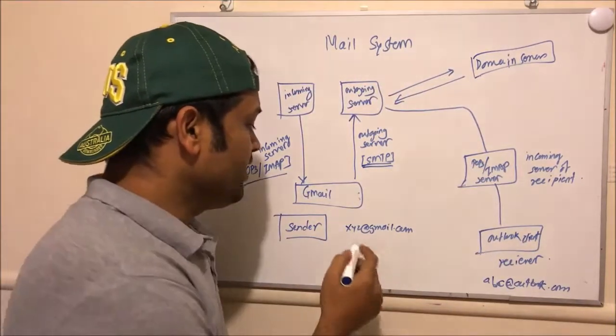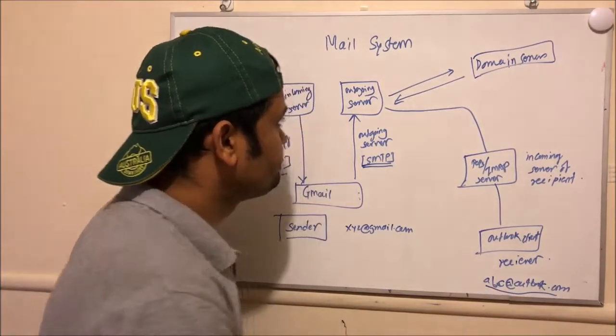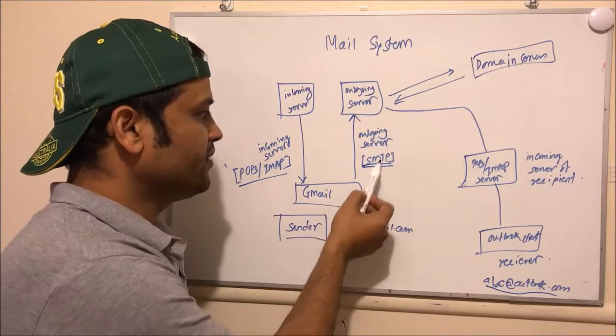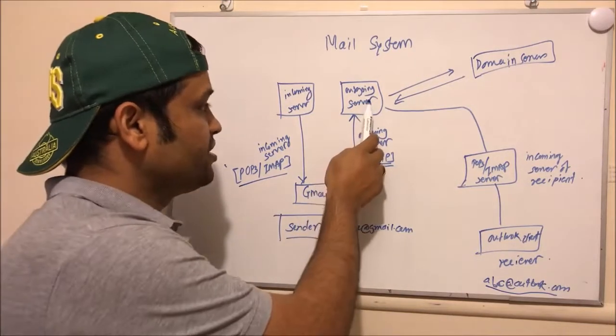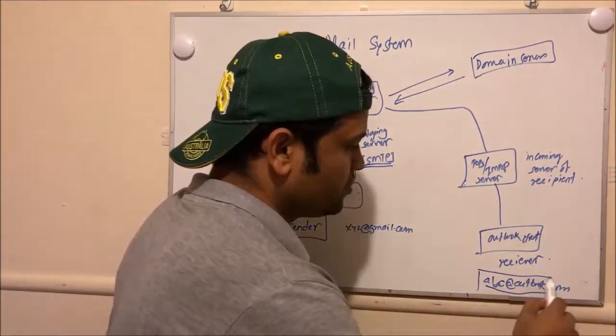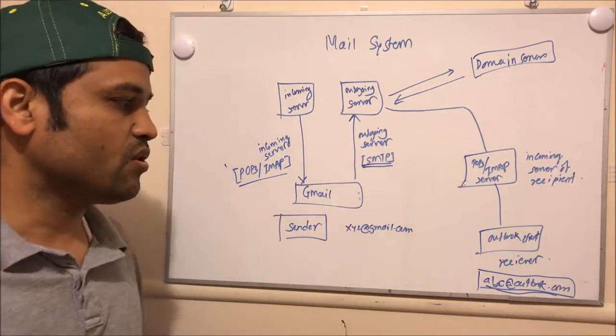So whenever you send the email from say xyz@gmail.com to outlook.com, what happens is that email is sent to the outgoing server of say Gmail using this SMTP protocol. And when the outgoing server receives that mail, it looks at the recipient's address, and recipient's address we know that it is abc@outlook.com.